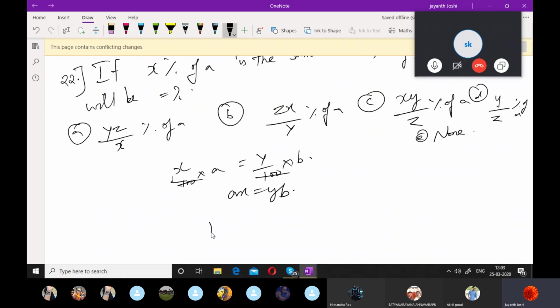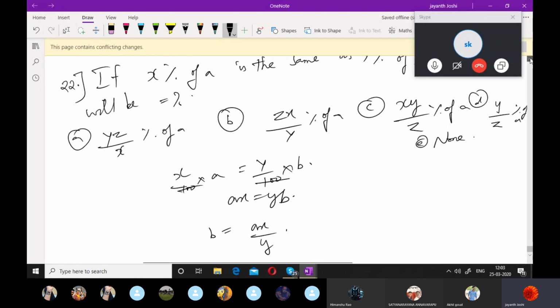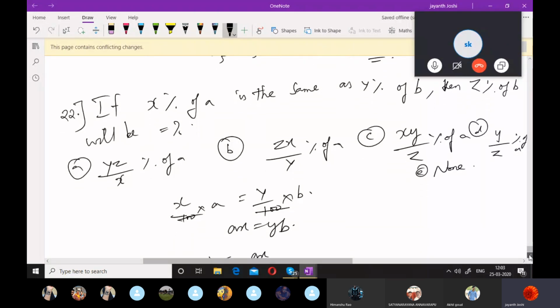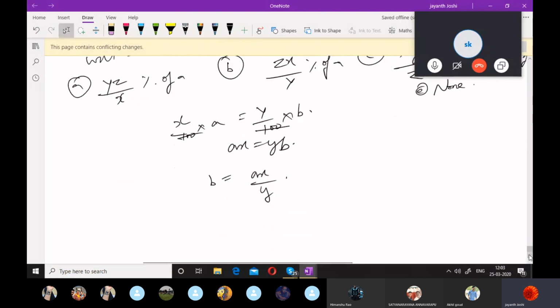So what is the B value? AX by Y. Now he is asking Z% of B will be what? Z% of A or B?